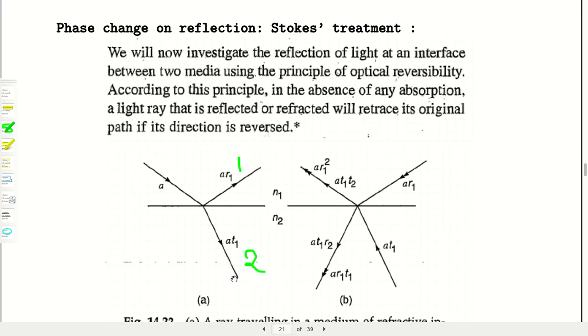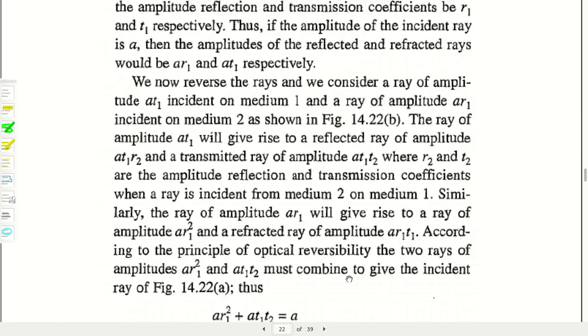By the principle of reversibility of light, if I incident the 1 and 2 light, then they will be joined and give rise to the primarily incident light. Okay, so this light should vanish. That means AT1 R2 plus AR1 T1 should vanish. So it is written over here.